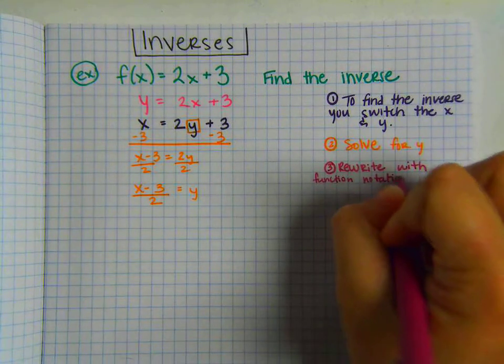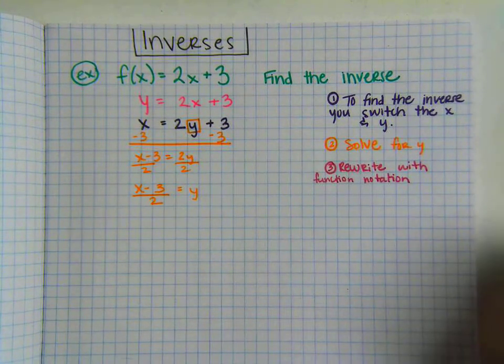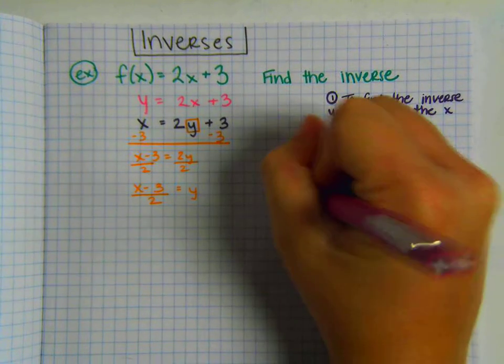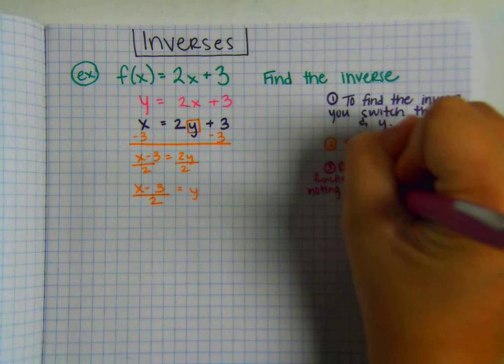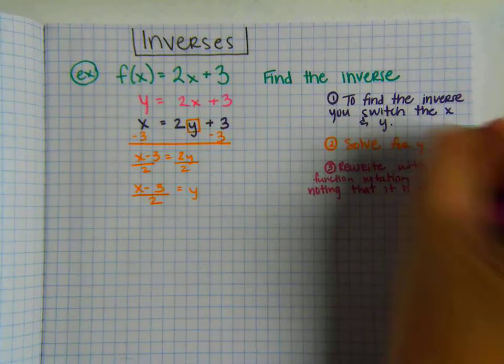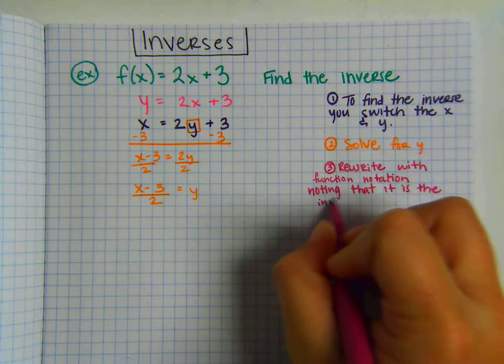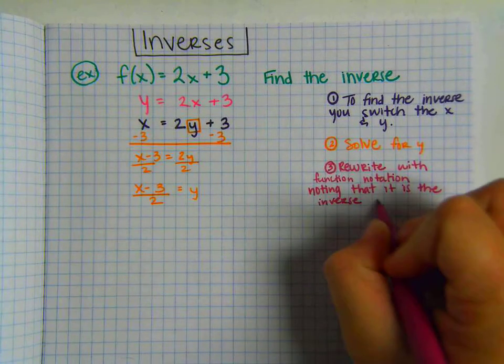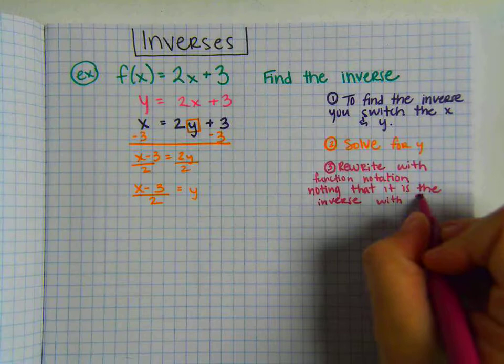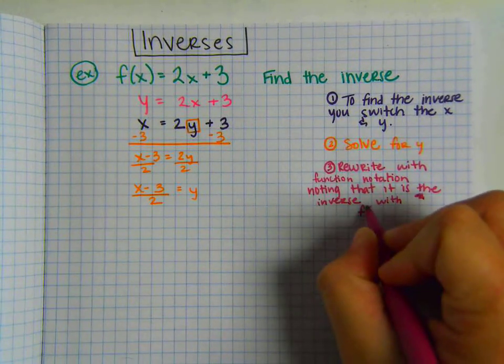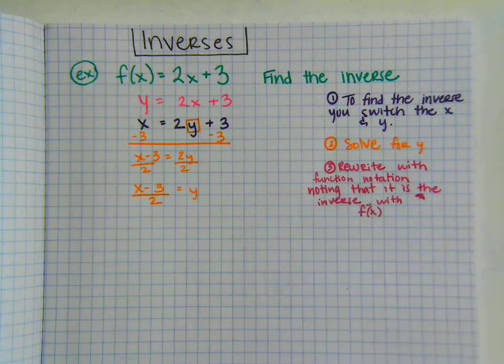And I'm going to write, noting that it is the inverse, a minus 1 by the f of x. So it'll look like f negative 1 of x. Okay? That's how to write the inverse.